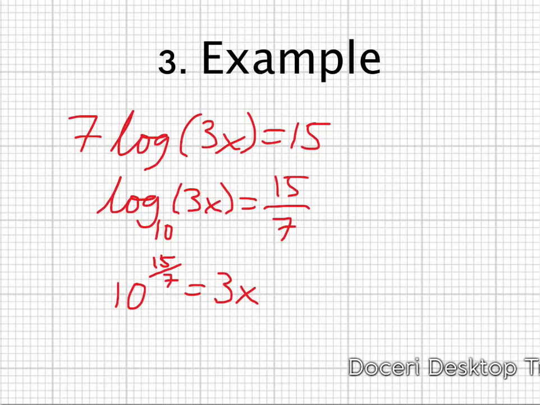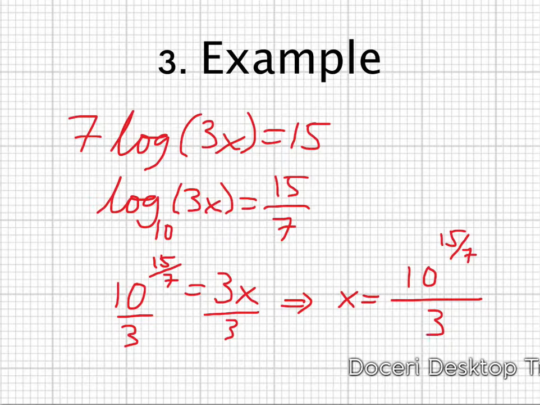So what I would do is get x by itself by dividing by 3 on both sides. This gives me x equal to 10 raised to the 15 over 7 power, all divided by 3. And if you put this in your calculator, well, this is your exact answer.